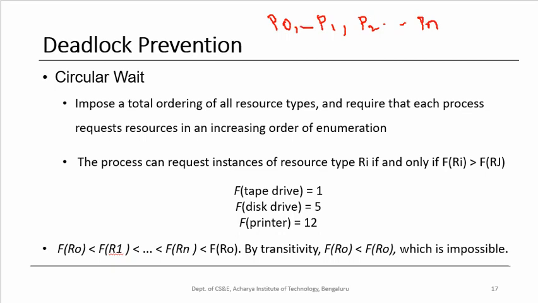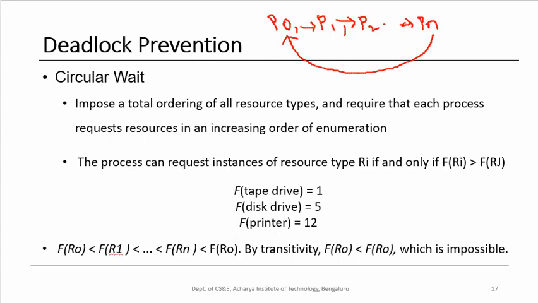That is, P0 is waiting for a resource which is being held by P1, and P1 is waiting for a resource which is being held by P2, and so on. And Pn minus 1 is waiting for a resource which is being held by Pn, and Pn is waiting for a resource which is held by P0. So there is a circular wait.